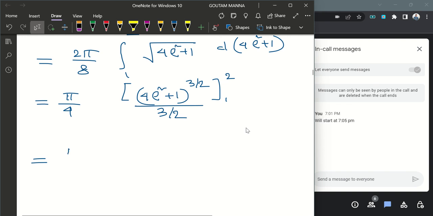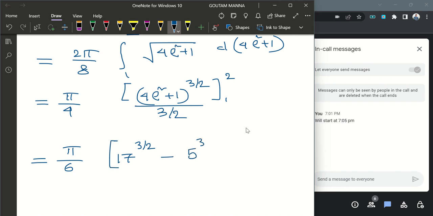So it will be pi by 6, and if you put the upper limit, 4 times 2 square is 16, plus 1, 17 to the power 3 by 2, minus the lower limit. The lower limit, if you put 1, will be 4 plus 1, so 5 to the power 3 by 2.